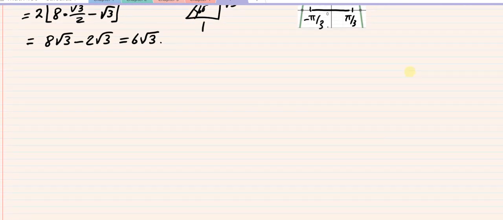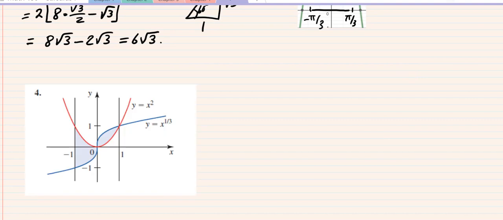Let's take a look at another one. So this one is exercise number 4 in your textbook. The question reads, find the area. Now I'm going to use, again, vertical rectangles here, because they're a lot easier to do than horizontal for this particular one.